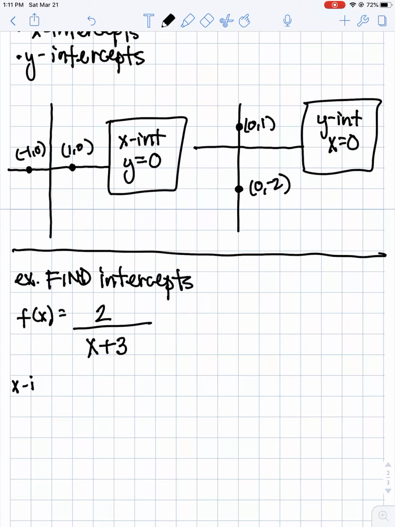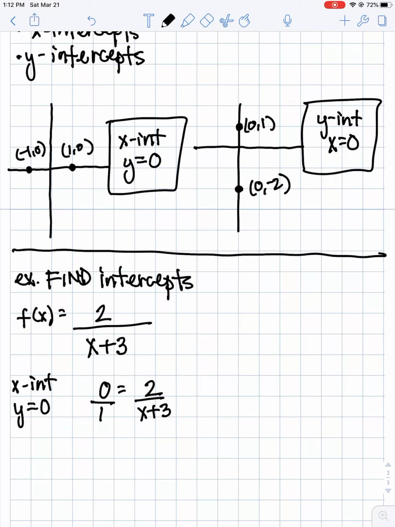Trying to make it simple. Okay, so again, an x-intercept means y equals 0. And some of you may say, Ms. Floyd, I don't see a y in that problem. That's f of x equals 2 over x plus 3. But guys, f of x and y are treated similarly. So f of x would be 0 equals 2 over x plus 3.